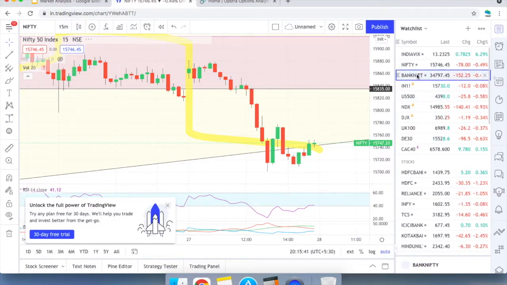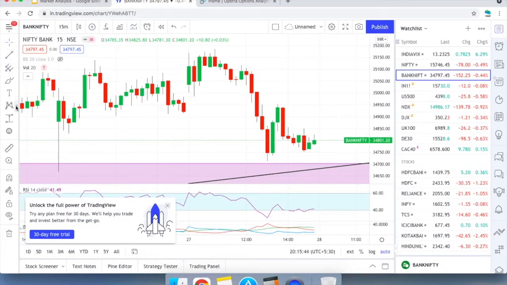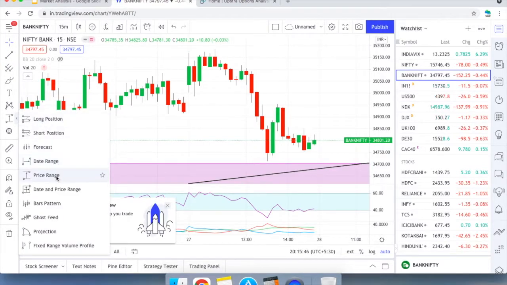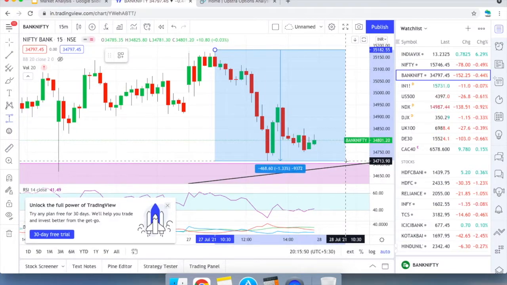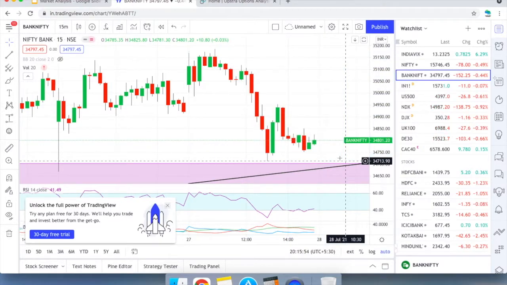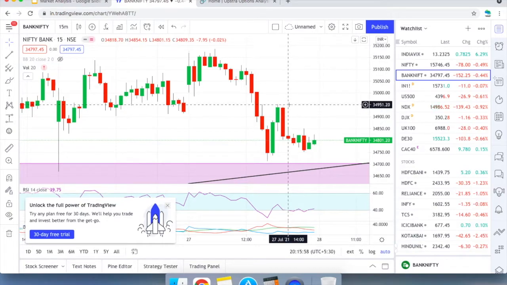On Bank Nifty, if you see from the top, it's near a 470 points dip, and the recovery attempt was not even half of it. So that's the price action.